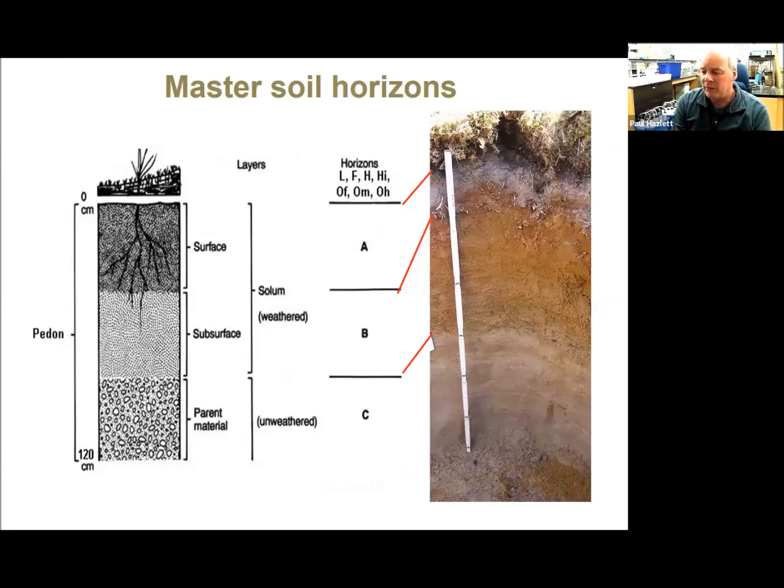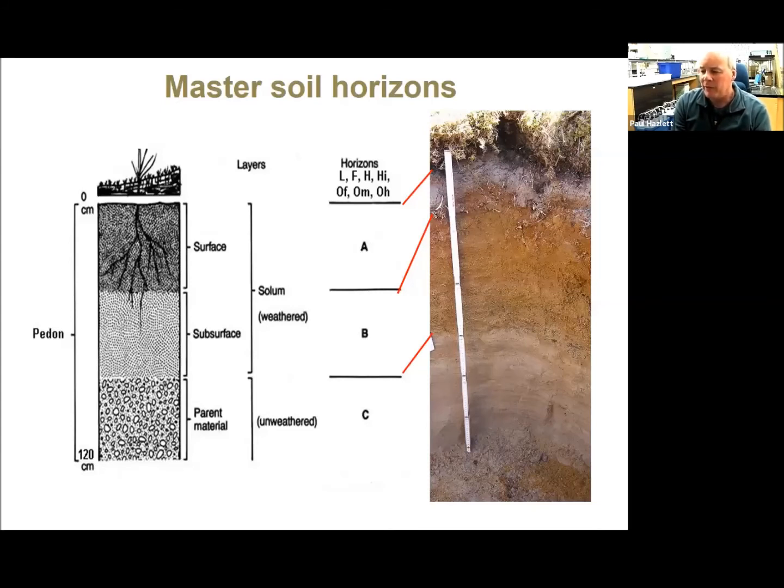And the OF stands for fibric, the OM for mesic, and the OH for humic. And again, like the LFH, this represents a gradient of decomposition from the OF through to the OH. So more decomposition once you get deeper into those organic soil horizons with the OH. So those are the organic horizons.